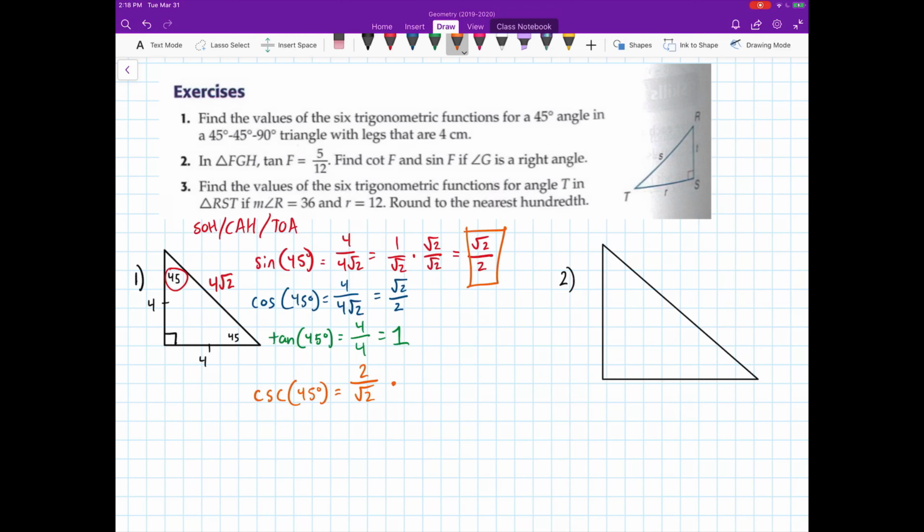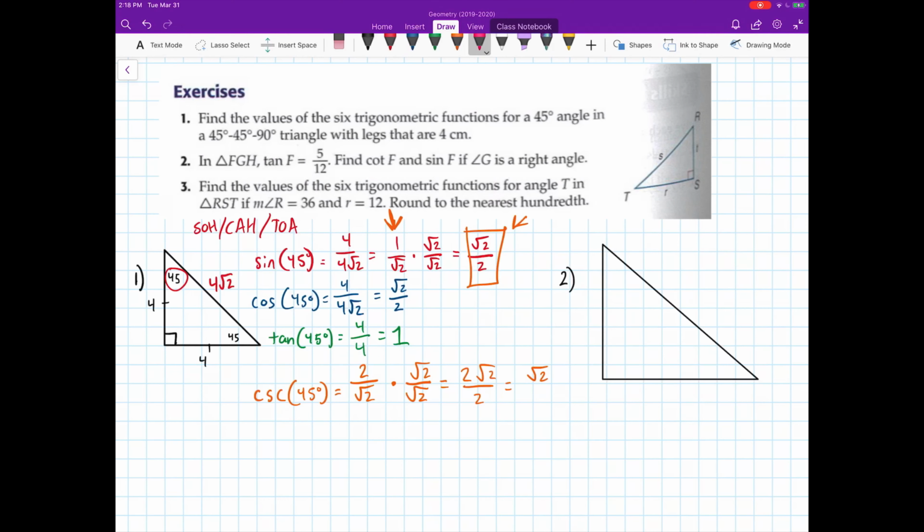We have to simplify this, so we multiply the top and the bottom by root 2, and we get 2 root 2 over 2, or just root 2. And that makes sense because before we changed the way it looks to get the radical out of the denominator, we did have 1 over root 2. So the reciprocal of that would be just root 2.